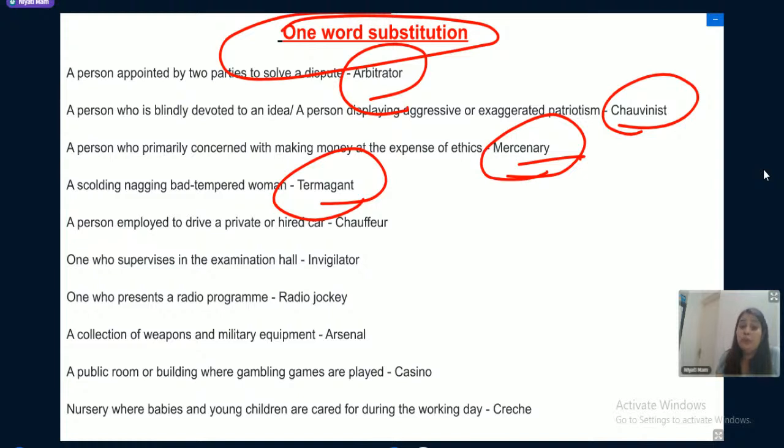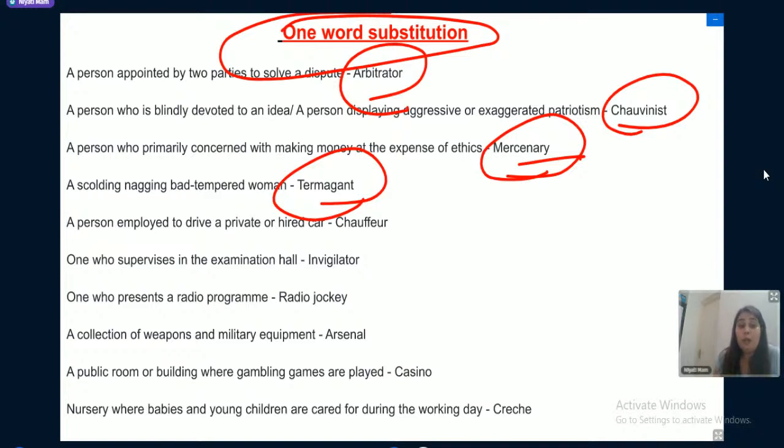One who supervises in the examination hall, who takes care that nobody is cheating, who maintains the discipline and decorum of the examination hall, is known as an invigilator. One who presents a radio program: radio jockey. A collection of weapons and military equipment is known as an arsenal.